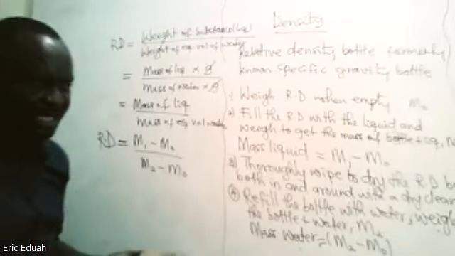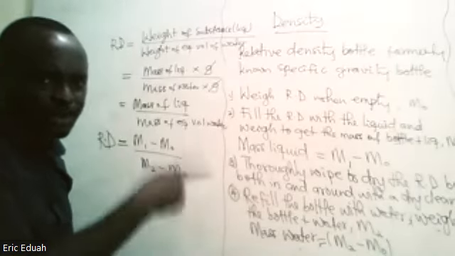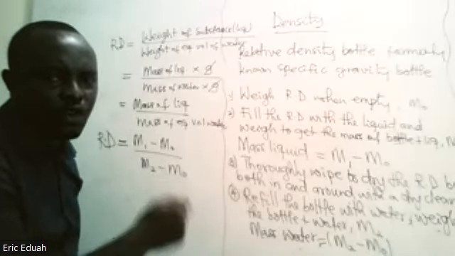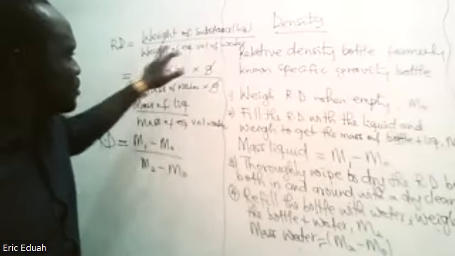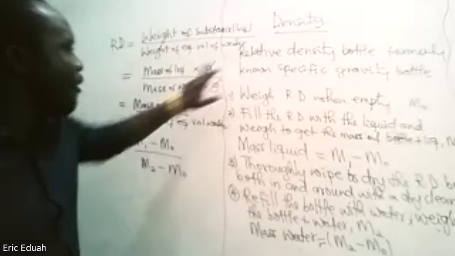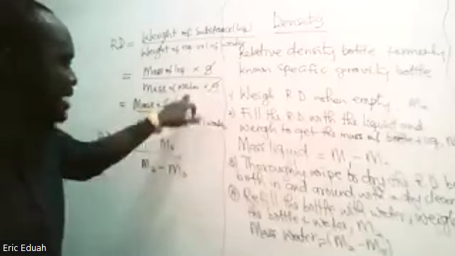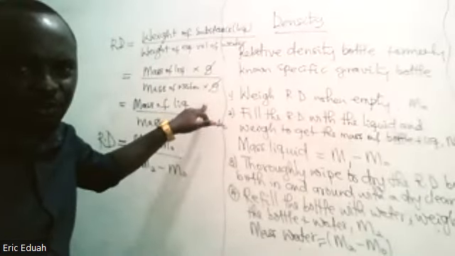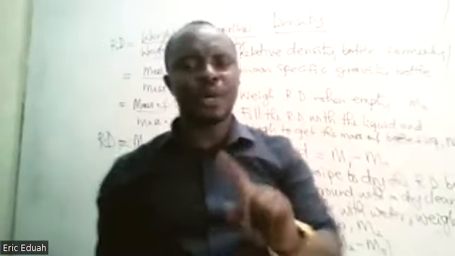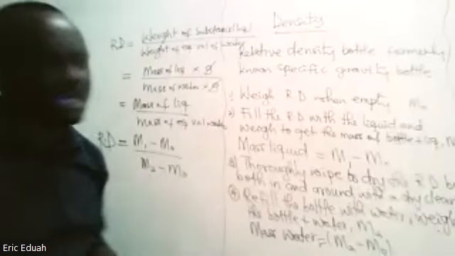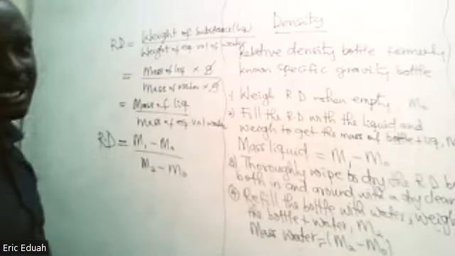And what is relative density? Comparing the density of a substance to the density of equal volume of water, or the weight of a substance to the weight of equal volume of water, or mass of substance divided by the mass of equal volume of water. So when you have the relative density of the substance, you automatically have the density of the substance.